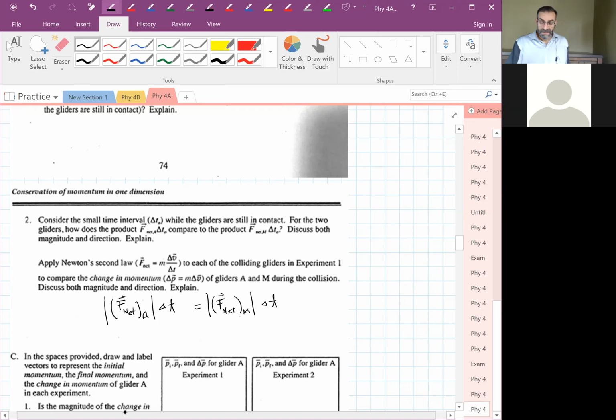Right, so think about this. If these two blocks push into each other and then push apart, and it takes some small amount of time, pick a number, I don't know, 0.1 seconds. If A is pushing on M for 0.1 seconds, then M is also pushing on A for 0.1 seconds, right? The times can't be different. The two of them are touching each other the whole time. So the delta t's have to be the same.